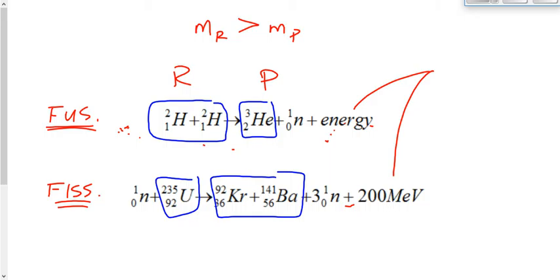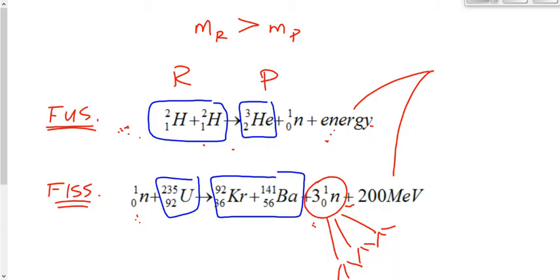Then the 3 extra neutrons, or 2 or 4 or whatever it is in the particular reaction you have, end up combining with more uranium to cause more reactions to take place. And each of those end up causing 3 more reactions, and so on. It's a chain reaction where the products of this become the reactants for more reactions.